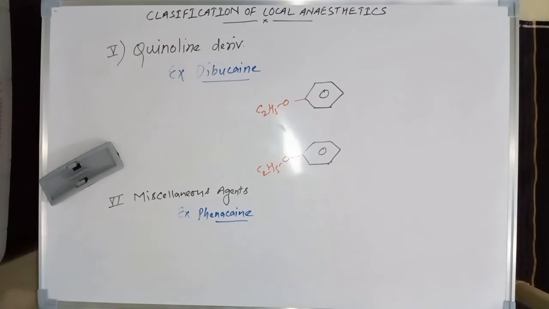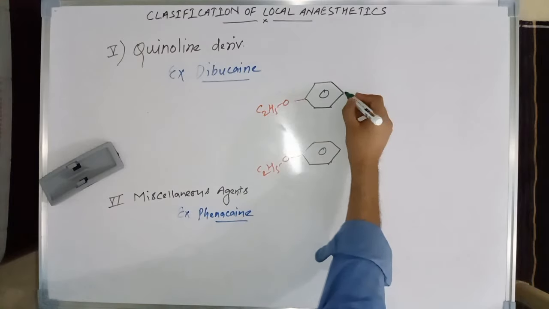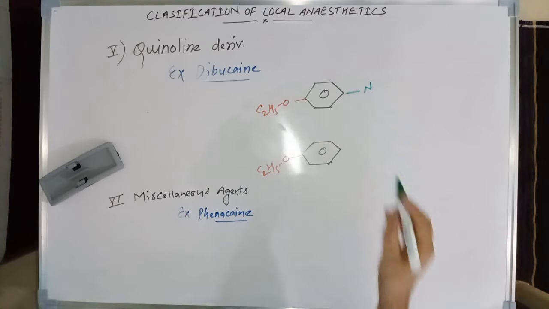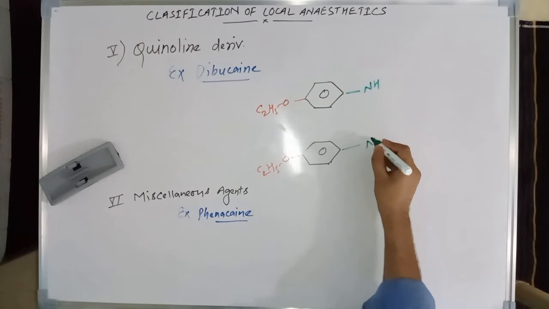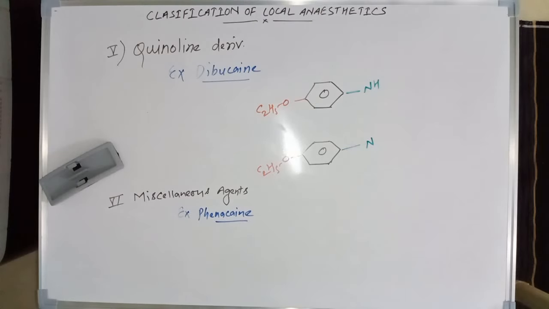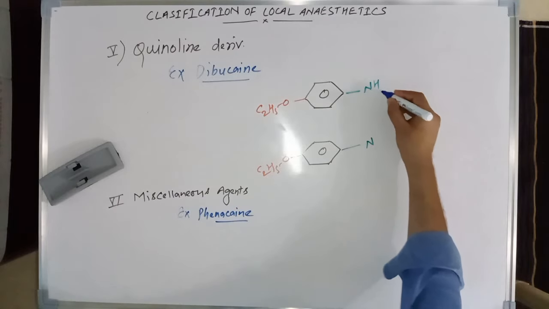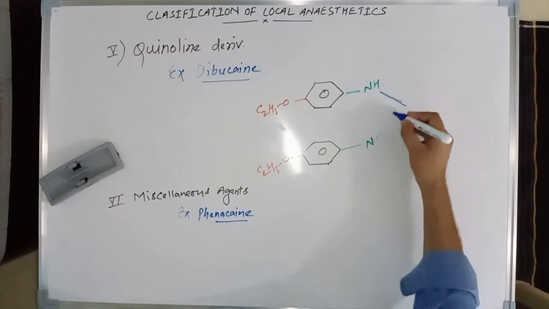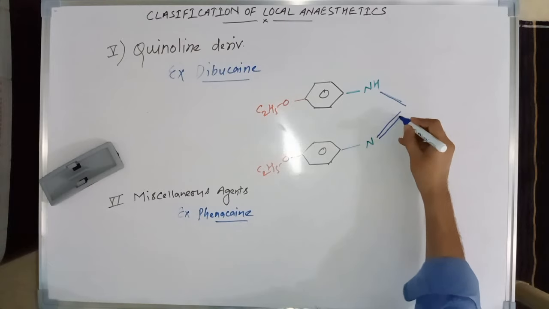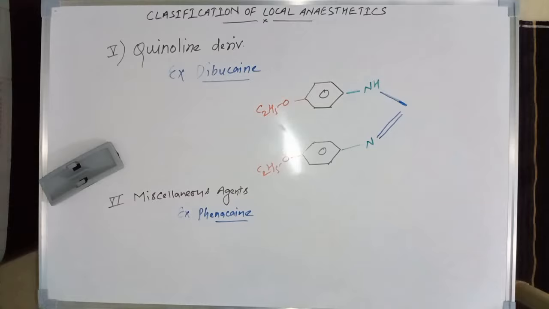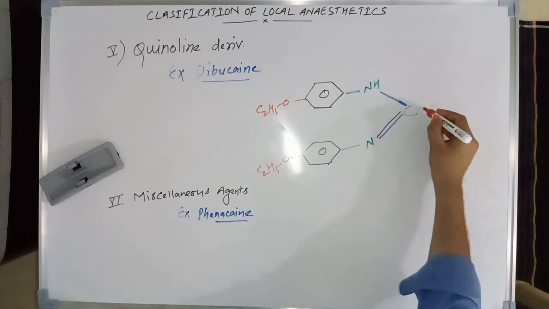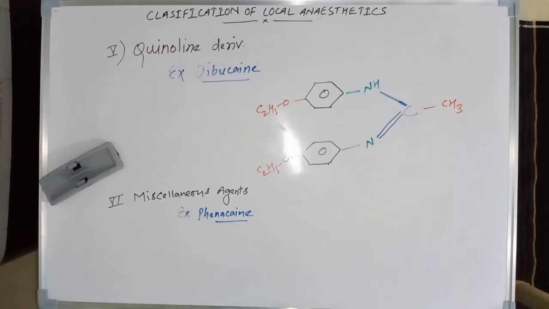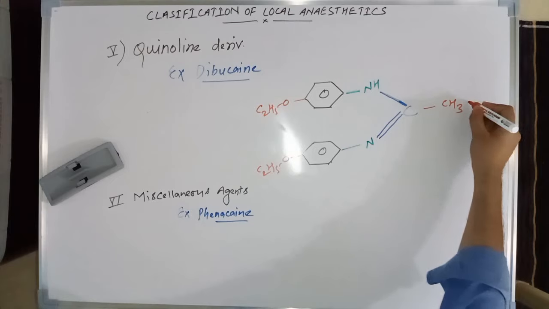On the opposite side, draw an amine group, NH, and here you draw only nitrogen. Now attach this nitrogen via a single bond and this nitrogen via a double bond to a carbon, and on this carbon is a methyl group. So this is your phenacaine.